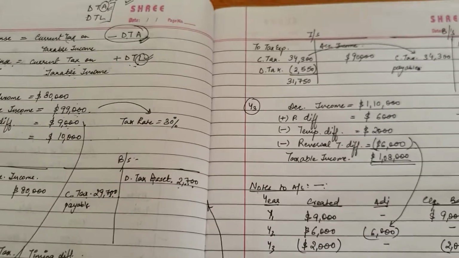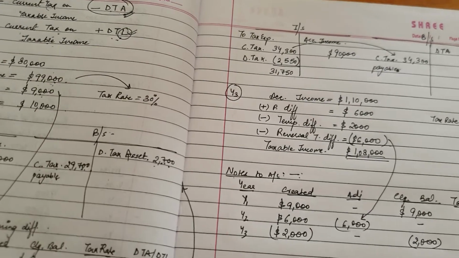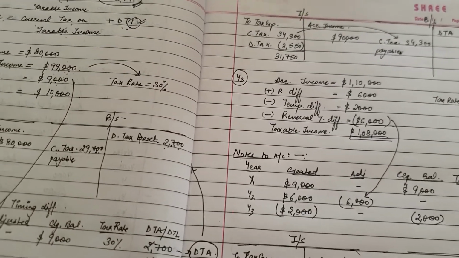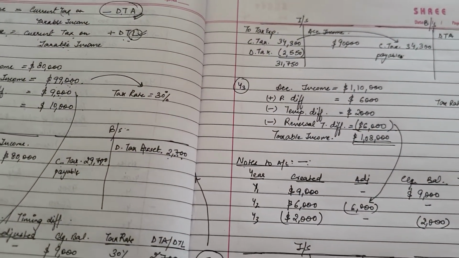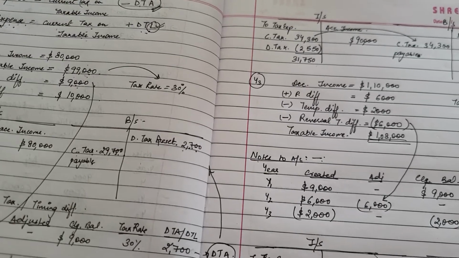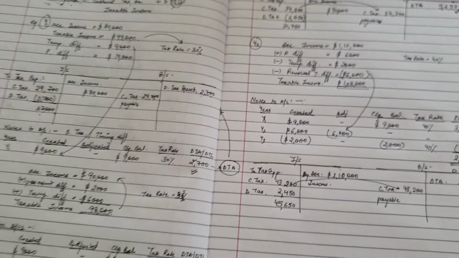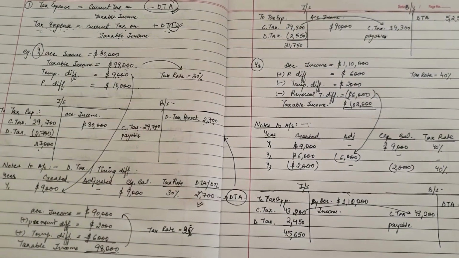This is something that I explained to myself while I was studying deferred tax, and I think after this concept was clear, there was nothing left in this chapter more to it. I'm pretty sure about that. So I think this is the whole question and the whole concept of deferred tax assets and liabilities.